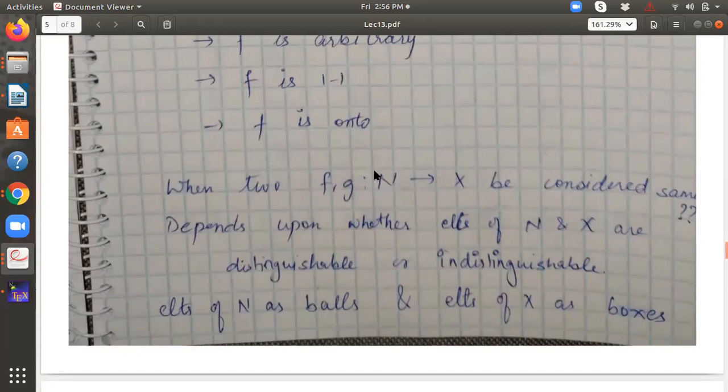So the set n can have elements distinguishable or non-distinguishable. So there are how many types? Two. Correct? Similarly for this, either the elements of X are distinguishable or they are non-distinguishable.